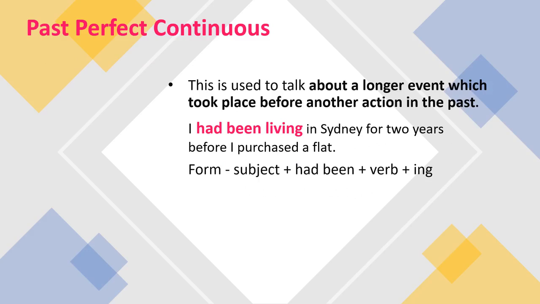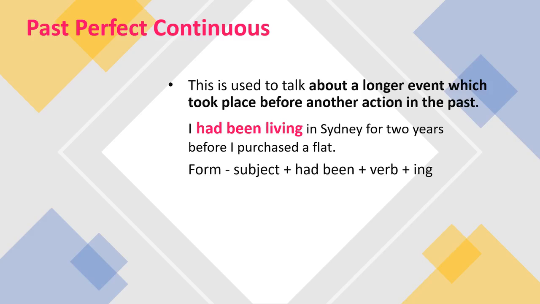Past perfect continuous tense. This is used to talk about a longer event which took place before another action in the past. For instance, it could be I had been living in Sydney for 2 years before I purchased a flat. So this is a continuous tense and therefore happens over a period of time before another event in the past.